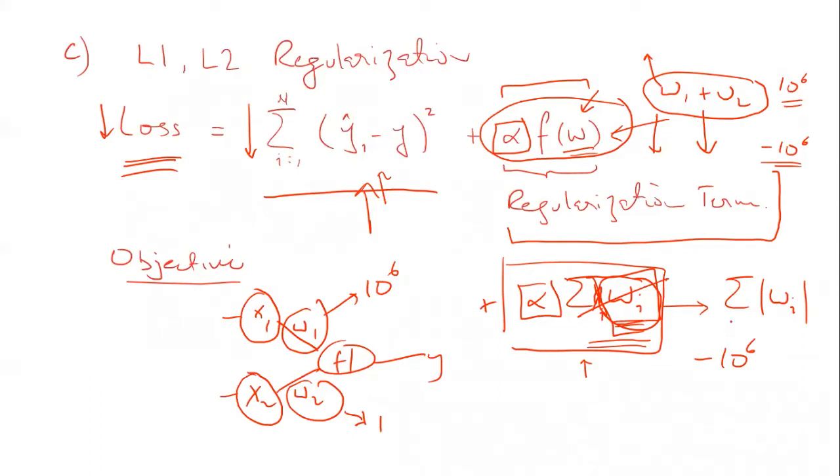Now notice that what we're doing is taking the sum of the absolute values. So we're basically saying W1 plus W2 needs to be minimized. What this means is that if either one of them becomes large, we're going to make sure that neither of them becomes large. Both W1 and W2 have to be small. If one of them starts to become very large, it's going to be reduced.